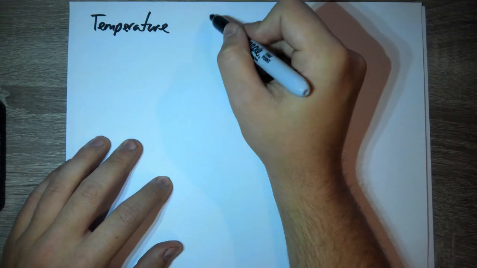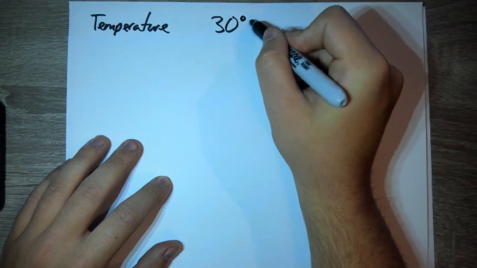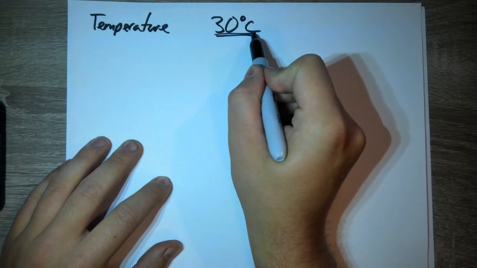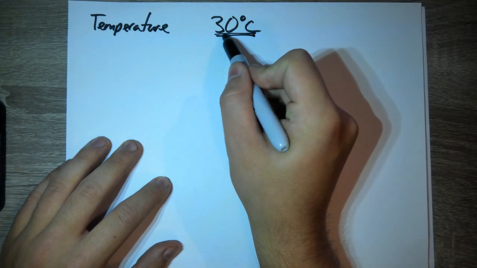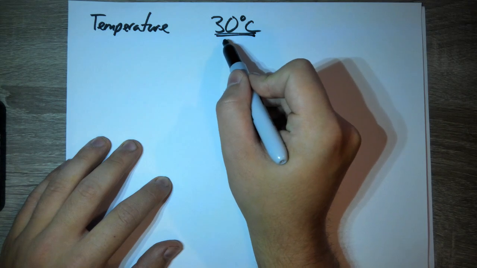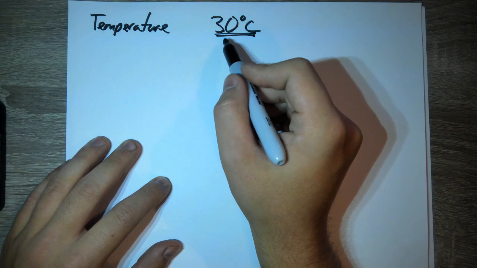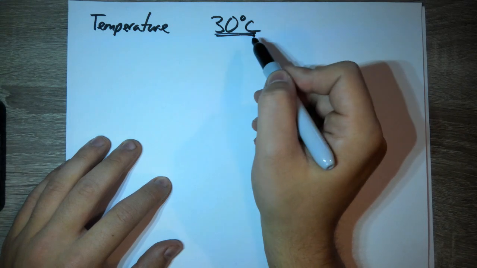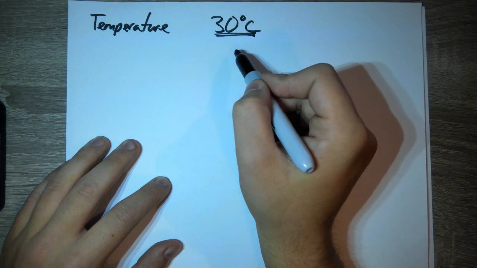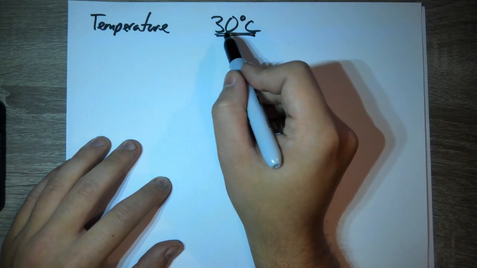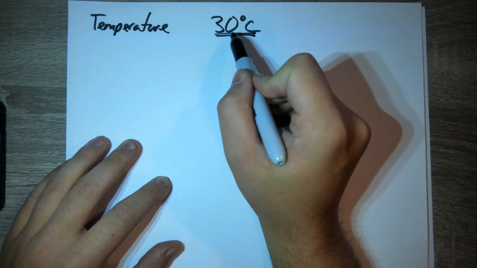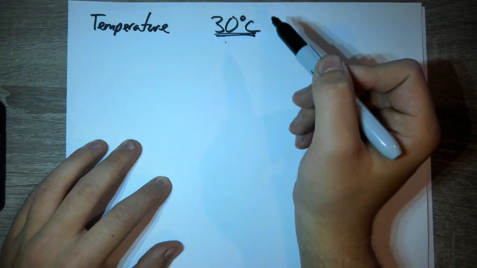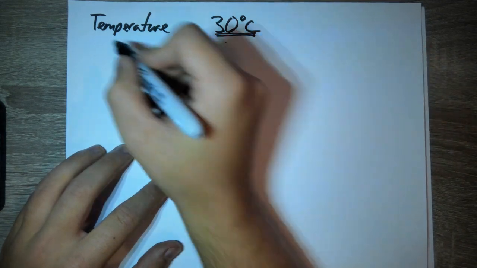Say you measure 30 degrees Celsius. So we have a scale here. We have a magnitude of 30 degrees Celsius. Now, say you're facing north. Say you're facing south. You measure it facing both directions. This number doesn't change. It doesn't matter what direction you face. It's going to be 30 degrees. And so that's why that's a scalar.